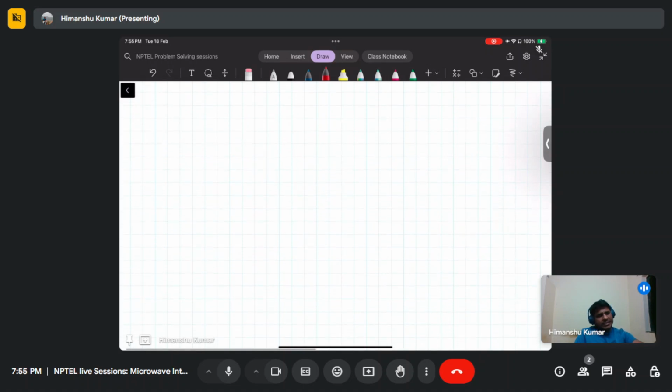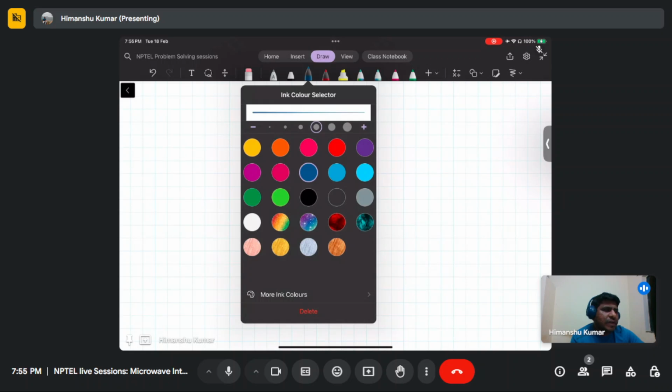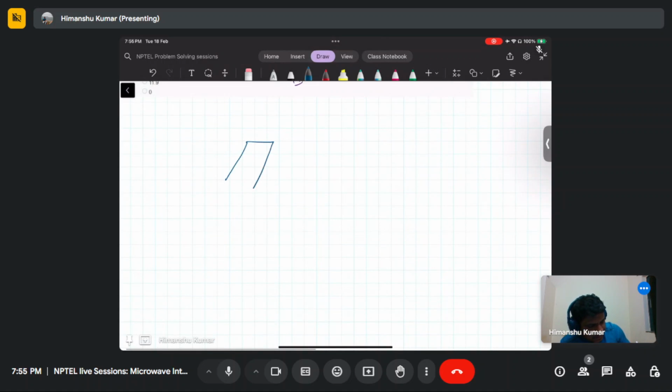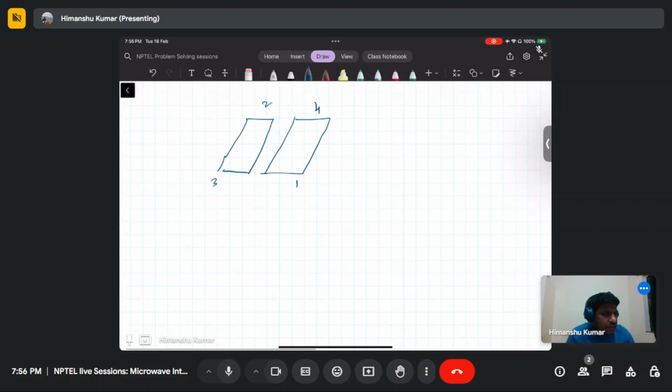So let's say you can model it like this. These are two transmission lines, gap coupled by this line. This is port 1, this is port 2, this is port 3, this is port 4, and there are two kinds of impedance, even mode impedance and odd mode impedance, and this is Z naught.